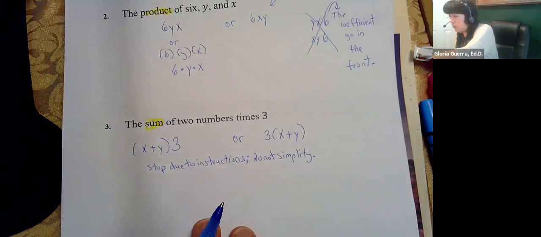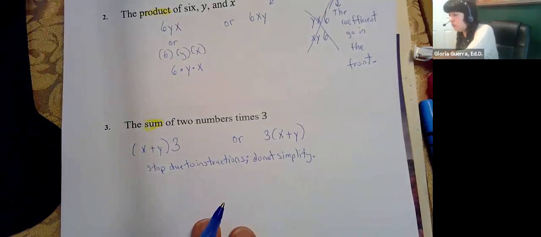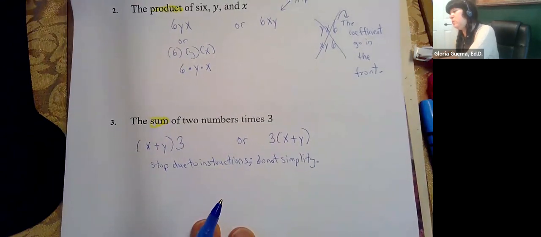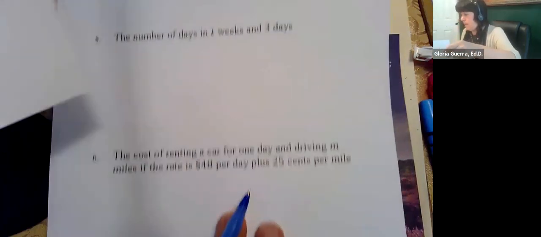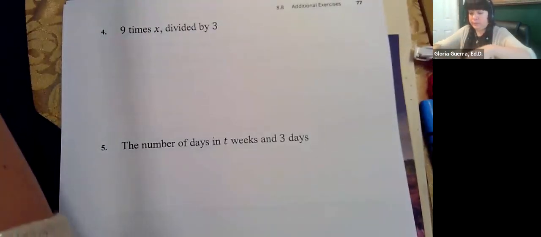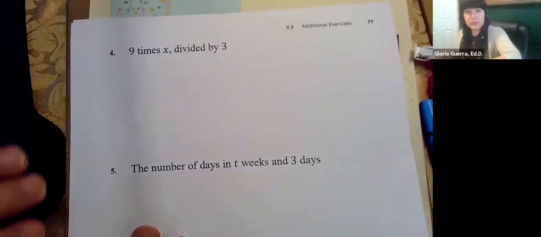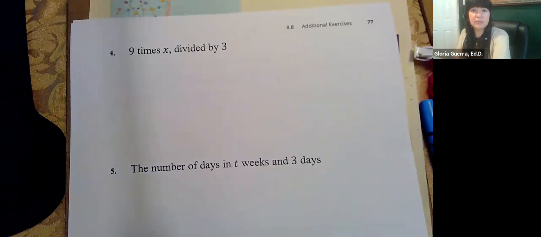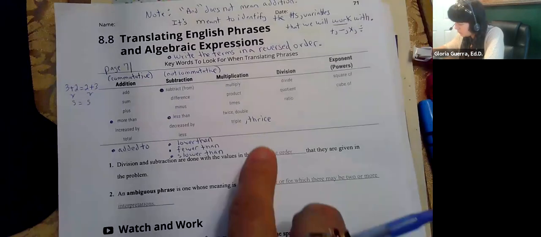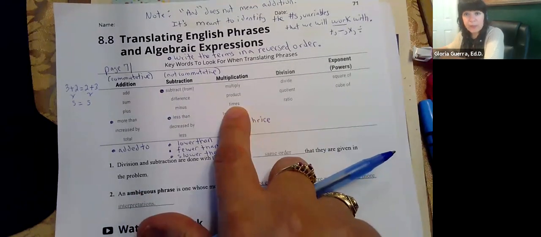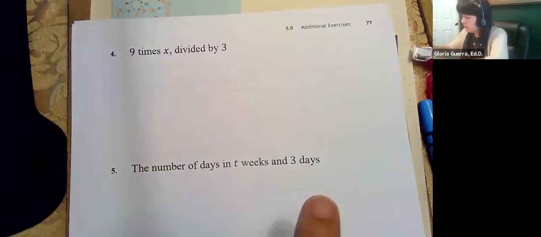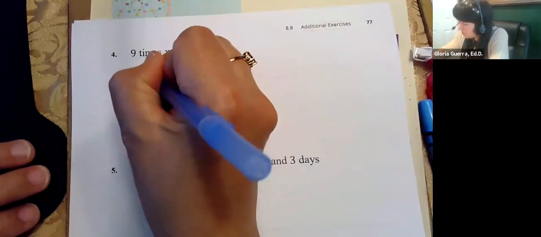Okay, now we're gonna look at page 77. So 9 times x divided by 3. Times means to multiply. So 9 times x.